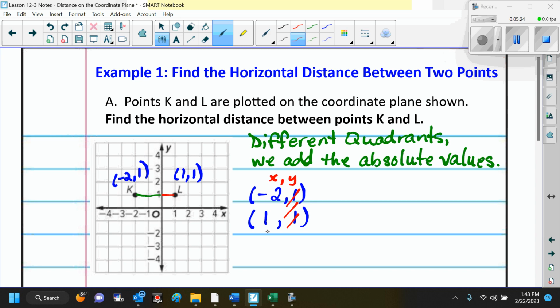We're using the x values. And we want to add the absolute values. So we have the absolute value of -2 plus the absolute value of 1. So that's 2 plus 1, which is 3. So those 2 points, K and L, are 3 units apart.